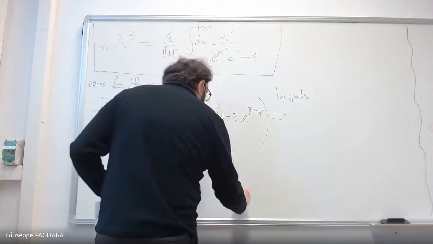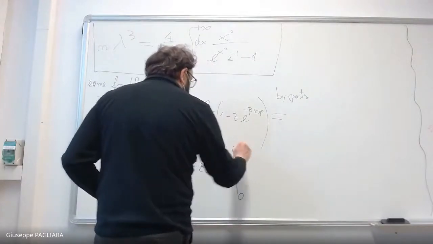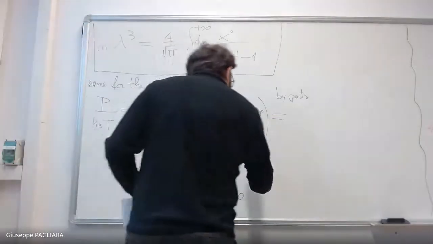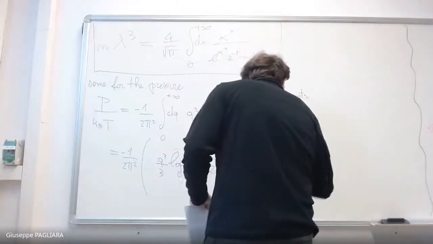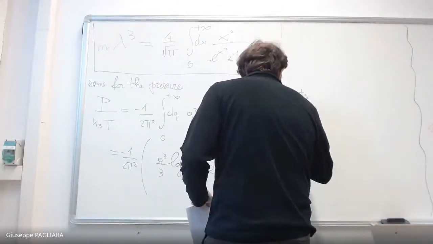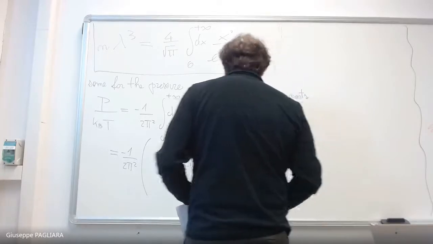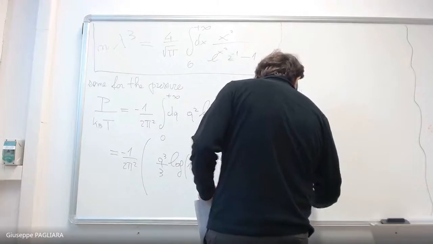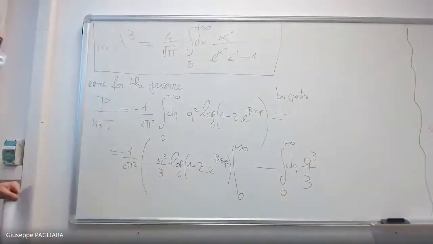This must be computed from 0 to plus infinity. And then I have minus the integral from 0 to plus infinity dq of q to the power of 3 divided by 3.